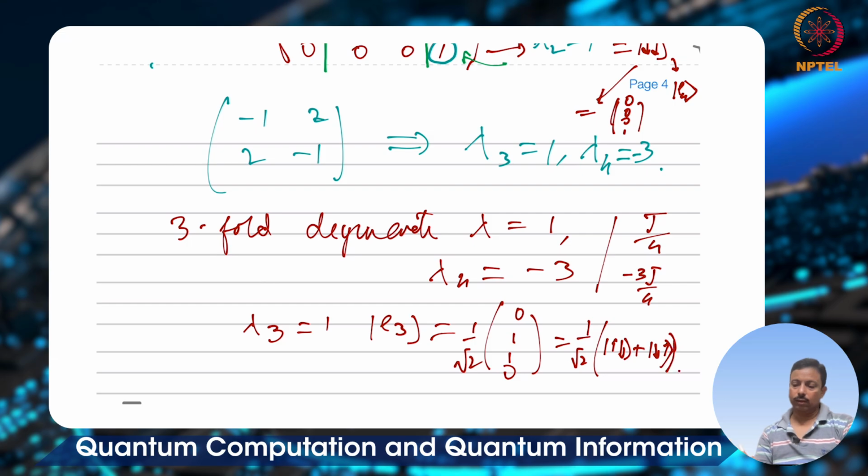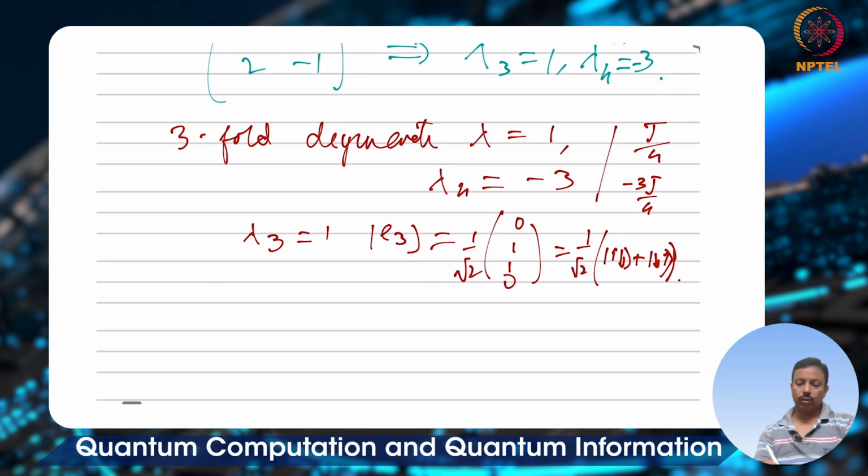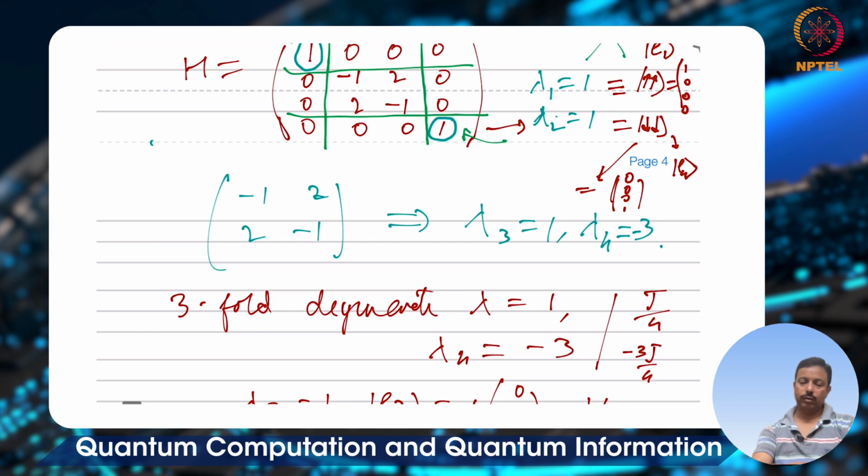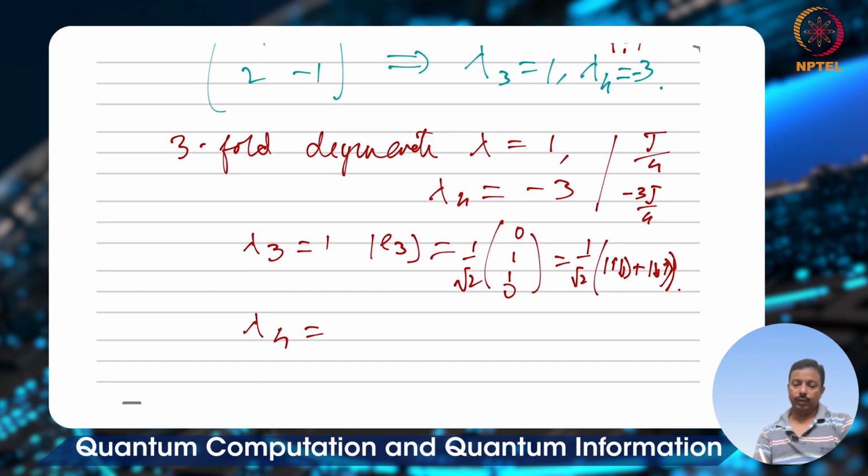All right, this is lambda 3. And lambda 4 equal to minus 3 has eigenvector E4 equal to 1 by root 2 times 0, 1, minus 1, 0.